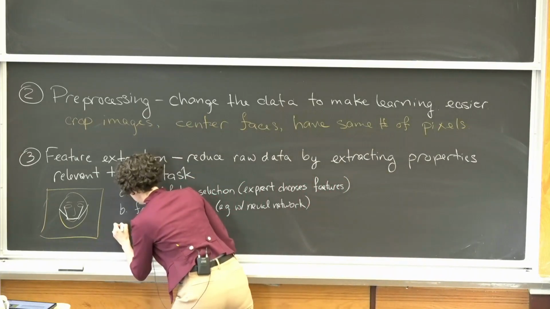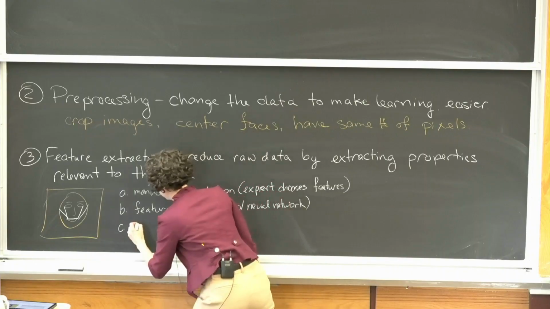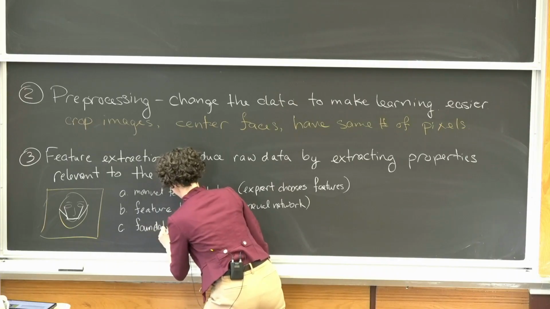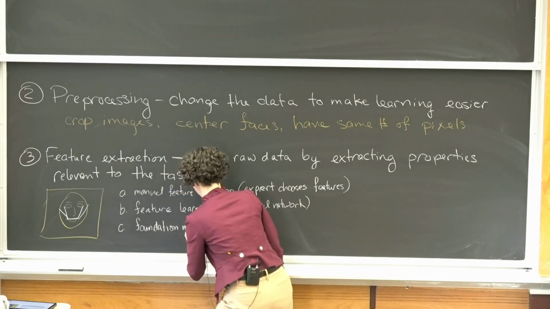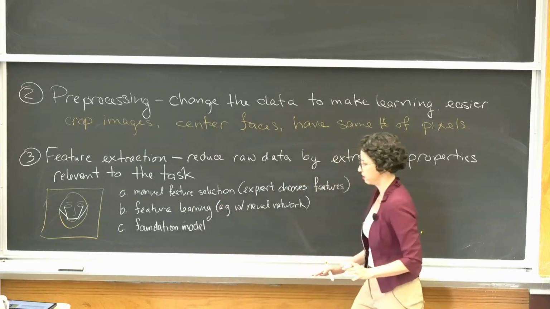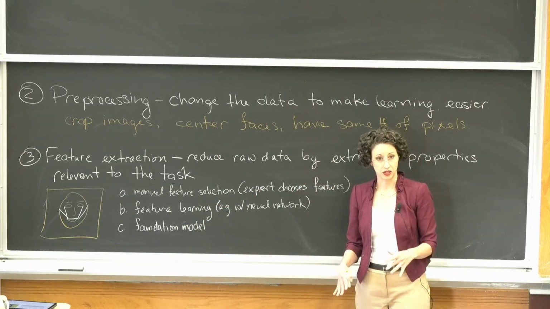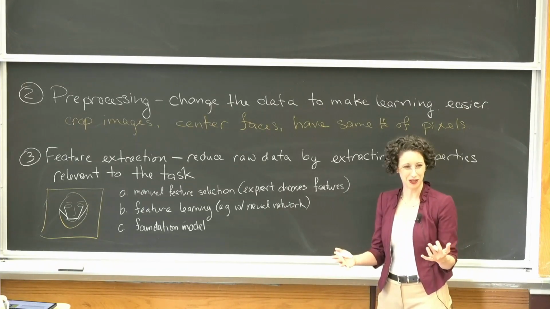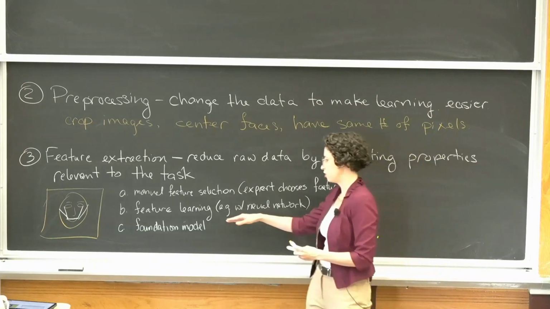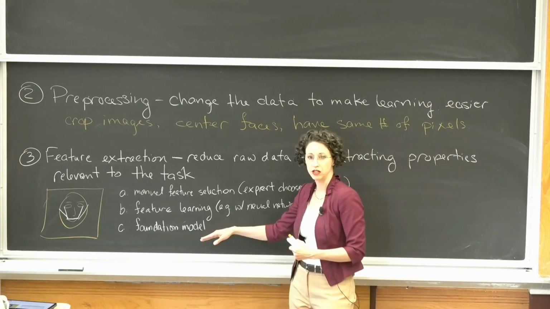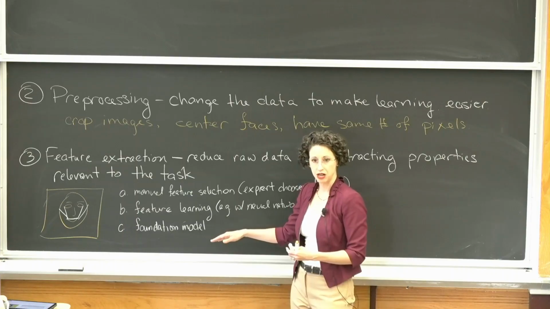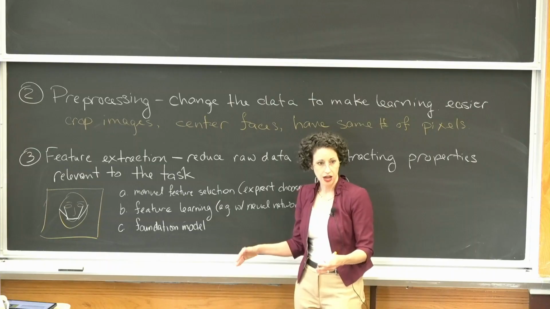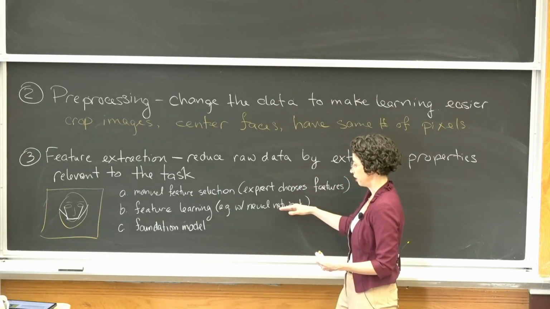But a third category that we see commonly is to have a foundation model. And this is something that we aren't going to talk about in any great depth in this class. But I just wanted to mention it in case you hear people discussing it. And this refers to settings where people have taken enormous data sets and trained neural networks to do a variety of different kinds of tasks, and along the way perform feature learning.